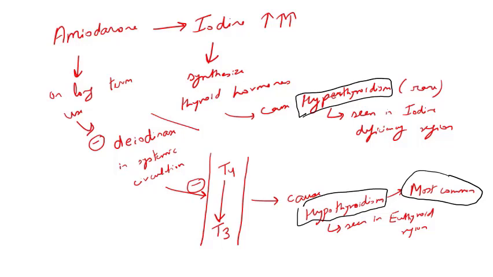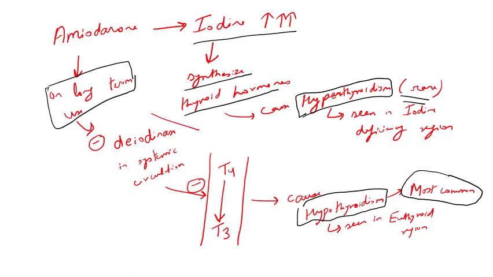Since amiodarone contains high level of iodine, this iodine is helpful in synthesis of thyroid hormones, and that causes hyperthyroidism, but it is rare. And amiodarone on long-term use causes suppression of thyroid function. That results in inhibition of deiodinase enzyme, which is responsible for conversion of T4 to T3 in systemic circulation. So this conversion will be inhibited, and that will result in hypothyroidism, which is the most common thyroid side effect seen with amiodarone.